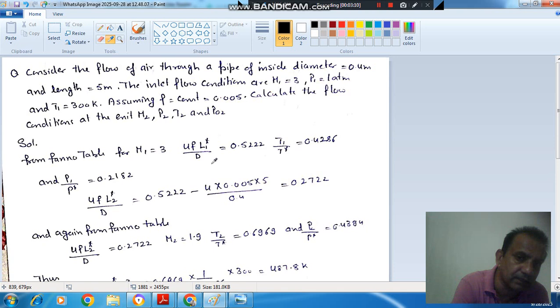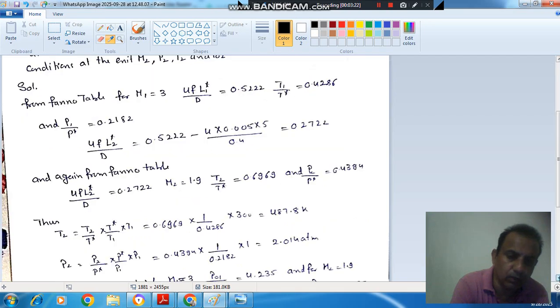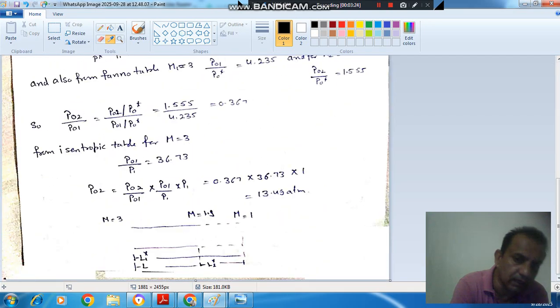So if we subtract this quantity from 0.522, we will get 4FL2 star by D, the value at the exit of the pipe.